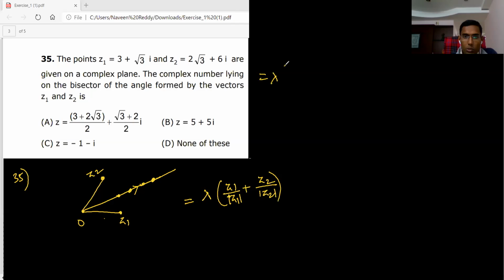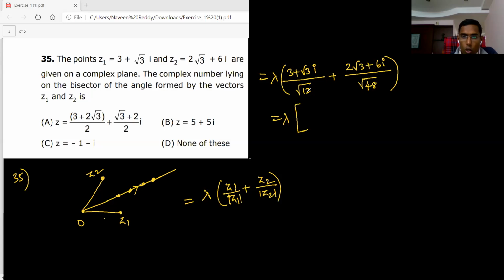So here, lambda times Z1 is 3 plus root 3i, divided by its modulus, which is 9 plus 3, 12, root 12. Plus Z2 is 2 root 3 plus 6i, divided by root 48, which we already found. If you bring out 2, it is root 3.